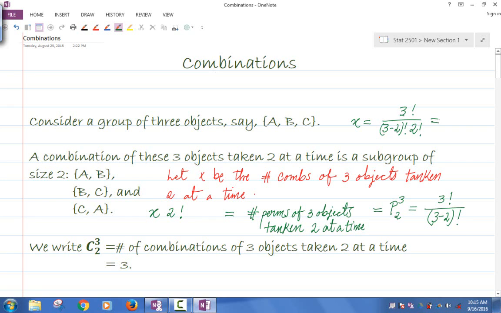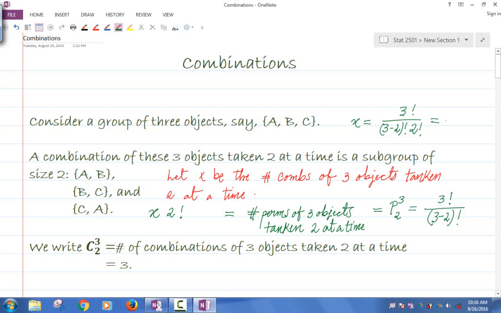Does everybody see that that's 3? Because 3 factorial is 3 times 2 factorial, and everything cancels out except that you're left with 3. You can simplify 3 factorial over 2 factorial times 1 factorial, right? Does that simplify to 3? Can everybody do that arithmetic? Did you check that you get 3?